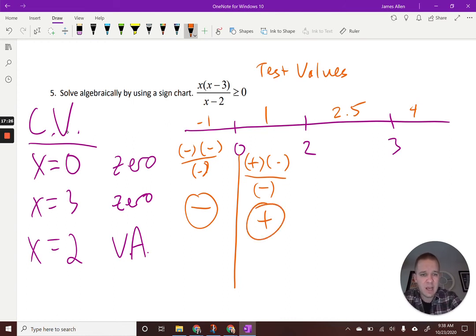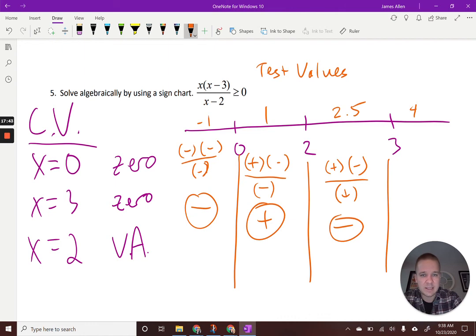If I plug in 2.5, I've got a positive out front. It's going to be whatever that number is, right? Because it's just x. And then 2.5, that's going to give me a negative. And then down here, I'm going to have positive. So negative. And then lastly, if I plug in 4, I'm going to be positives all around. Everything positive. So I've got a positive overall.